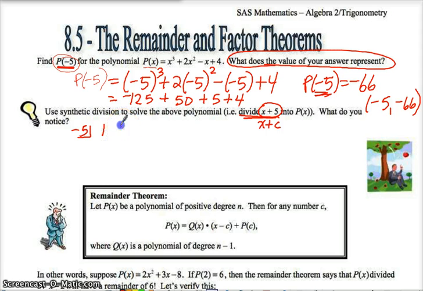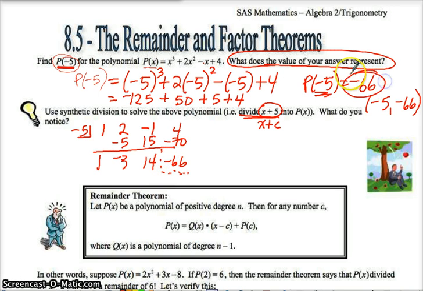Remember, I put the coefficients up here on the first line. So it's 1, 2, negative 1, 4. They're in descending order. I bring down my 1, multiply, add, multiply, add, multiply, add. Hey, there you go. I can check my work from above. So I get negative 66.